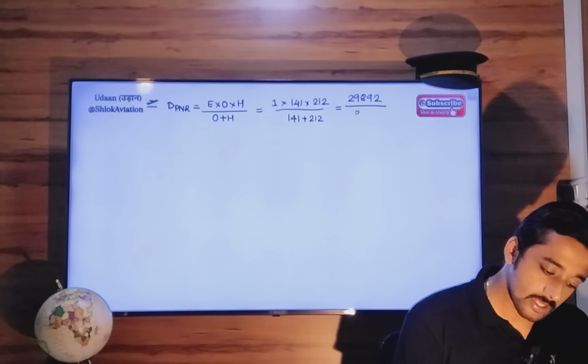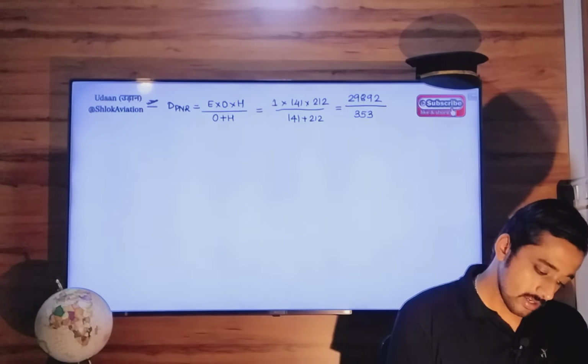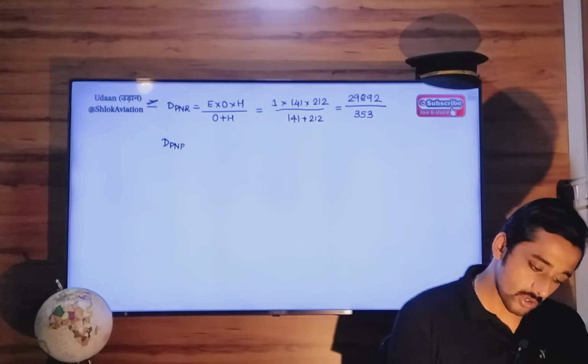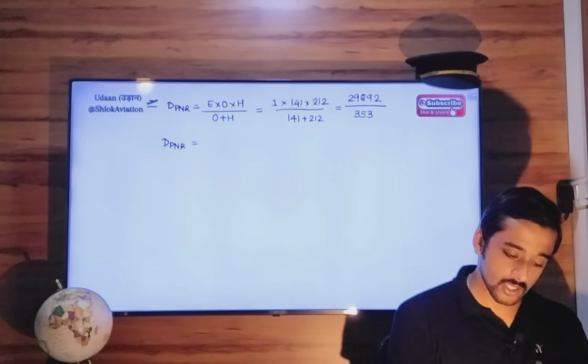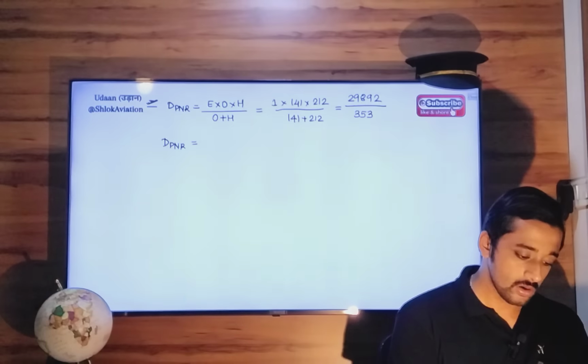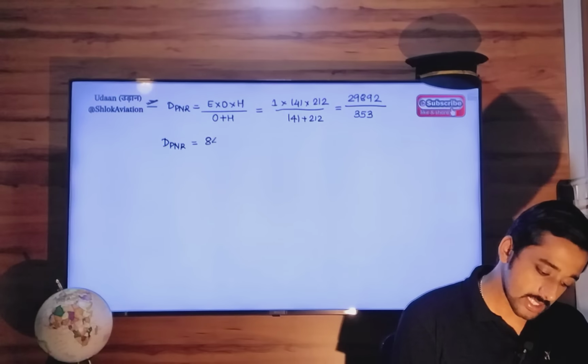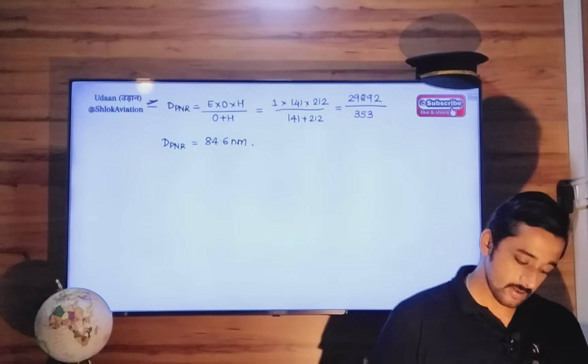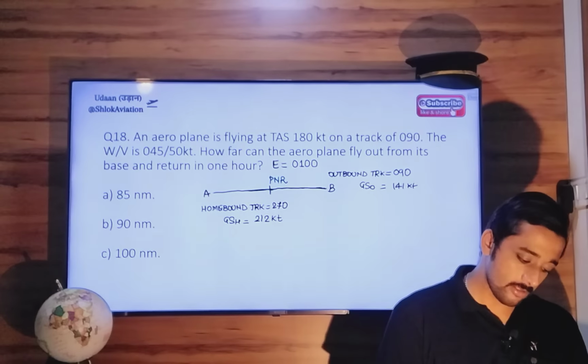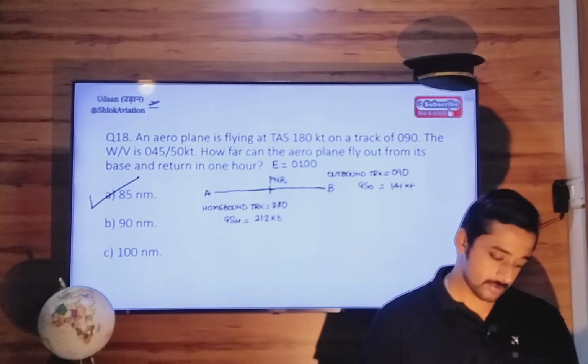That divided by 353. So distance to PNR will be equal to 29,892 divided by 353, which is 84.6 nautical miles. So correct answer here is option Alpha, 85, the nearest option.